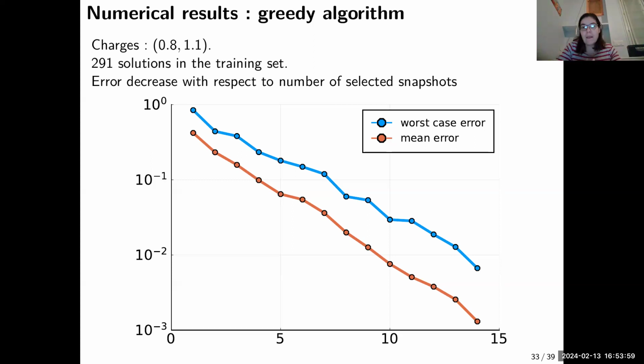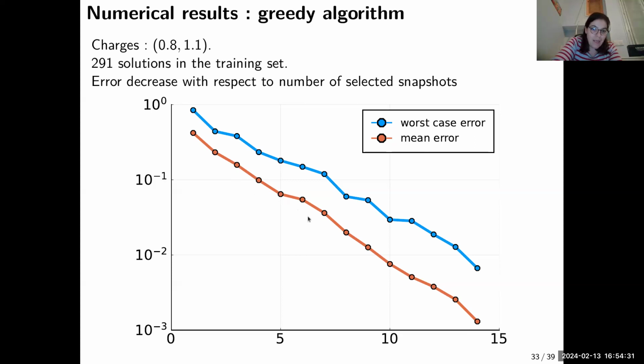And I'm looking at how my reduced order model performs in terms of the mixture Wasserstein distance. Here I'm computing the mixture Wasserstein distance between the exact solution of my problem and the solution given as the output of the greedy algorithm based on this mixture Wasserstein metric, as a function of the number of snapshots selected by the greedy algorithm.